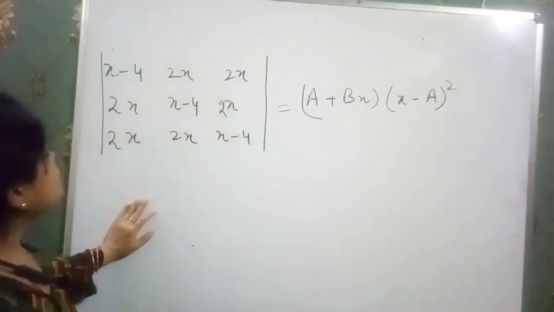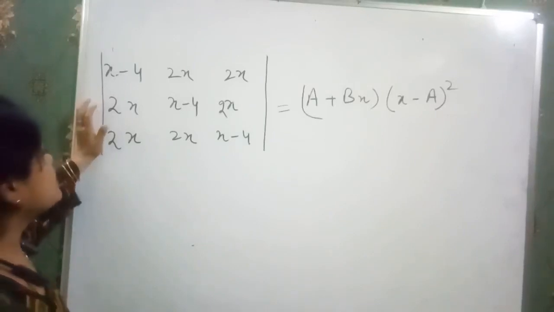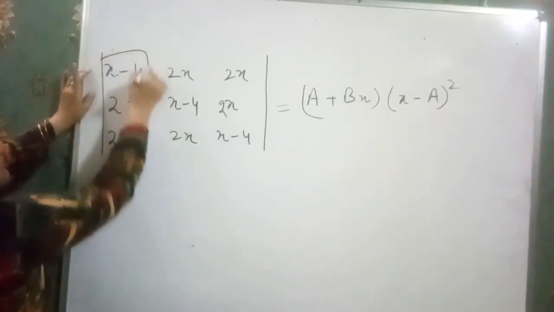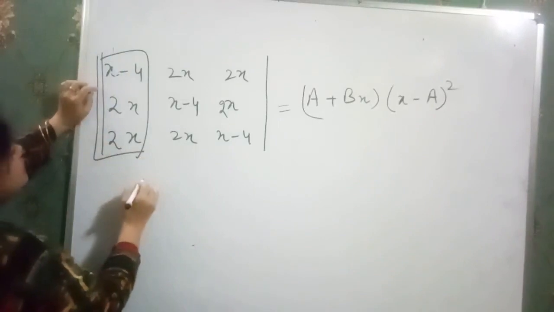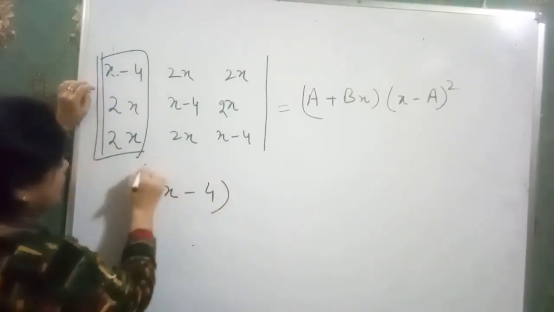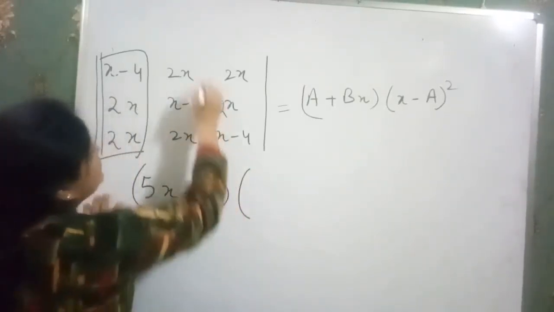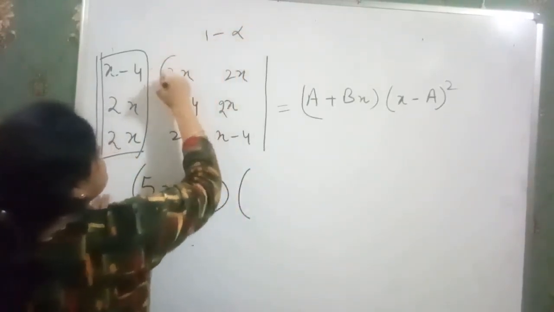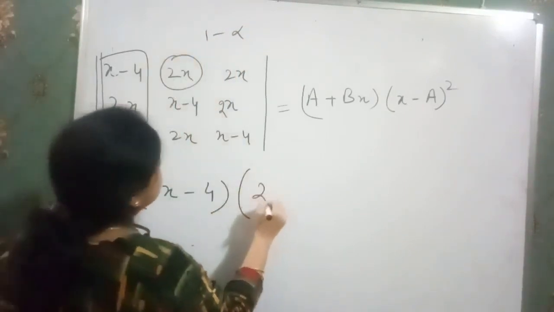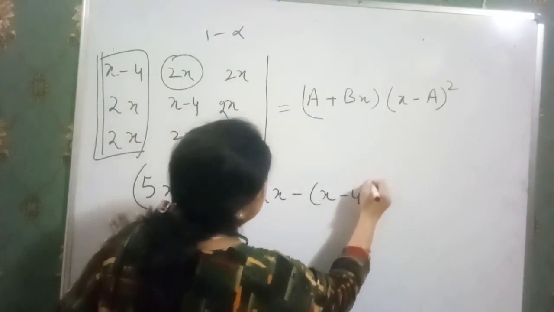In order to find the determinant, you can go through the long process, or simply add all these terms. So we have 5x minus 4 in one bracket, and in the other bracket we write 1 minus alpha. This is the place of 1. It is 2x minus x minus 4 whole square.